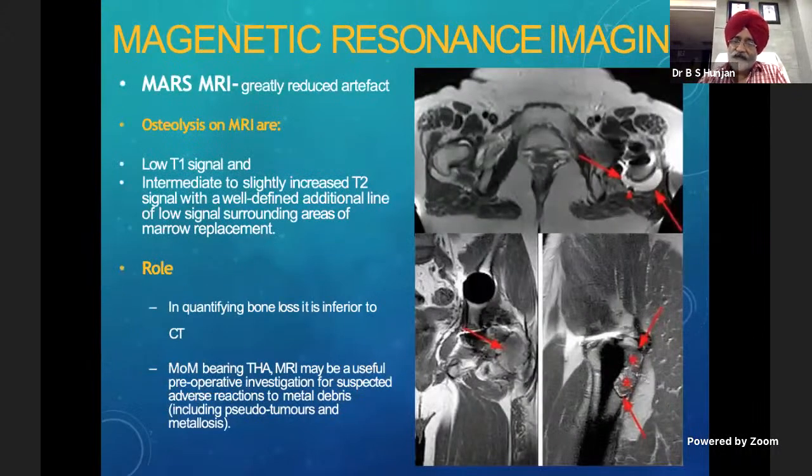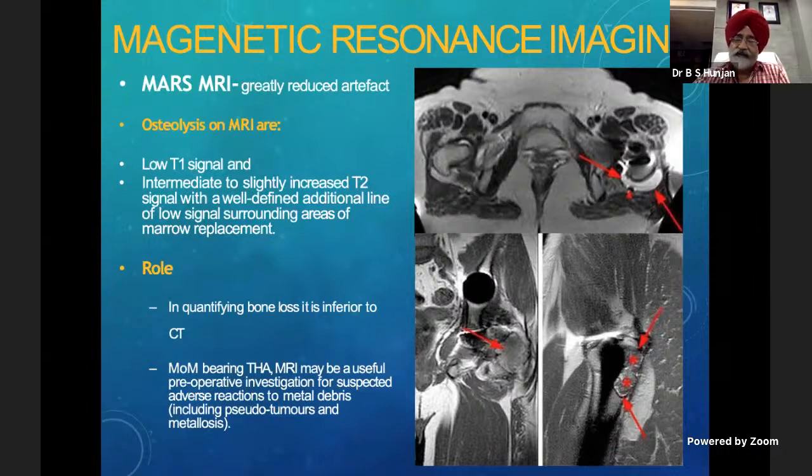Now, magnetic resonance imaging is also helpful, and MARS MRI, that is the metal artifact reduction sequence, reduces the artifacts. If there is osteolysis on MRI, it is seen as low T1 signal and intermediate to highly increased T2 signal, with a well-defined additional line of low signal surrounding the area of marrow replacement.